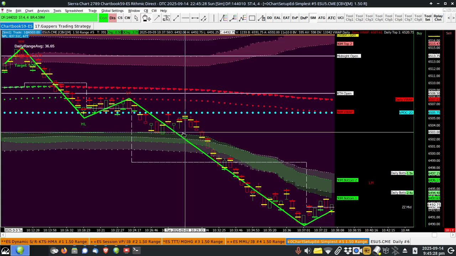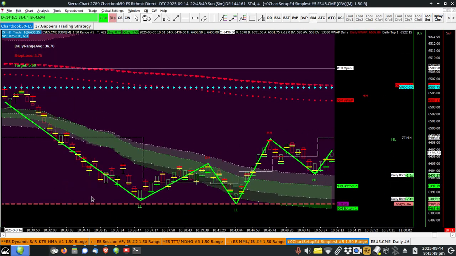And then what did somebody do? Somebody came back up to that VPOC and sold it. The result of that was you could have taken your downside move, pull back to that 90-minute VWAP and down. Pull back to that VPOC and down. Nicely done, market. Nicely done.